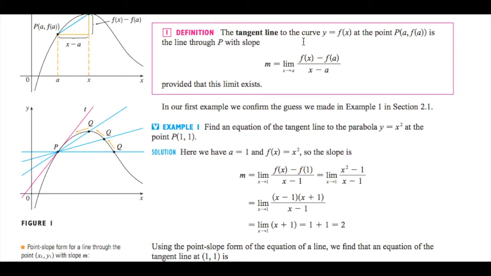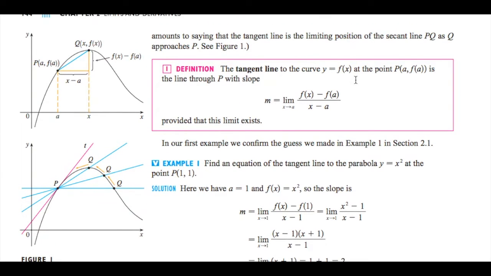The tangent line to a curve, y equals f of x, at that point, a, f of a, so right here, so if there's a tangent line here, remember the pink line is a tangent line, is a line through P with the slope, this is how you calculate the slope, f of x, so the y value here for x, minus the y value here for a, divided by x minus a.